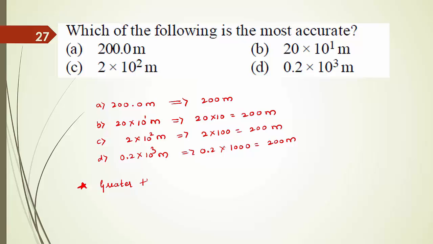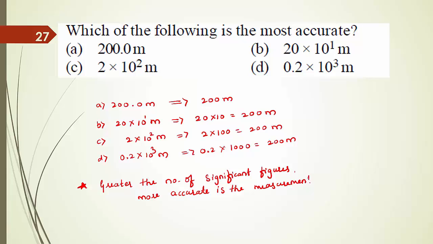Greater the number of significant figures, more accurate is the result or measurement. If the number of significant figures is larger, then the result or measurement is more accurate.